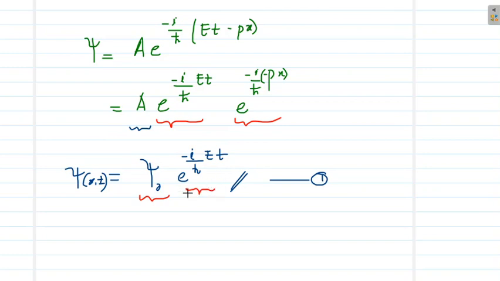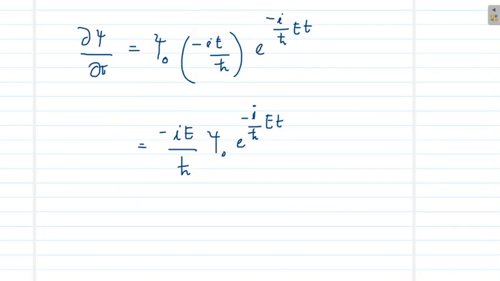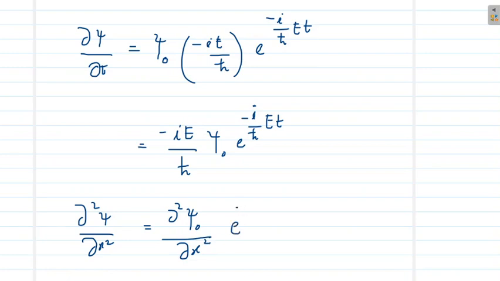This part is independent of x and acts like a constant while taking the derivative. So we have dou square psi by dou x square will be dou square psi 0 by dou x square into e raised to minus i by h cut into Et. We have taken the derivative of the position part alone with respect to x. The other part is considered constant because there is no x there.